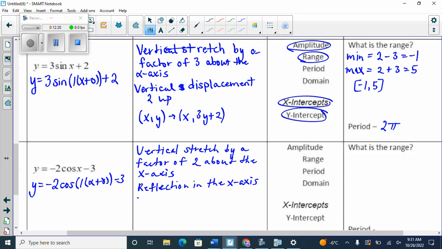And vertical translation 3 down. And by translation, I mean displacement. It's hard to not mess up that once you've had it drilled into your head as translation. Vertical displacement 3 down. This board does not like me writing quickly.